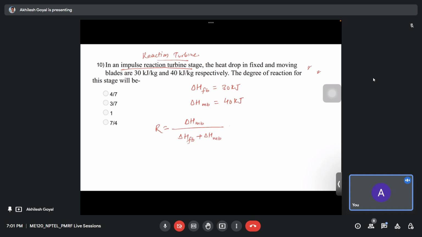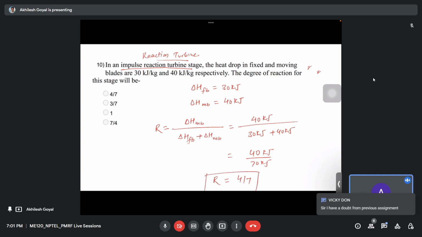Here del H moving blade is 40 kilojoule and del H fixed blade is 30 kilojoule, so that is 40 kilojoule by 70 kilojoule. So the degree of reaction is 4 by 7. This is again a very simple problem, and this is the answer.